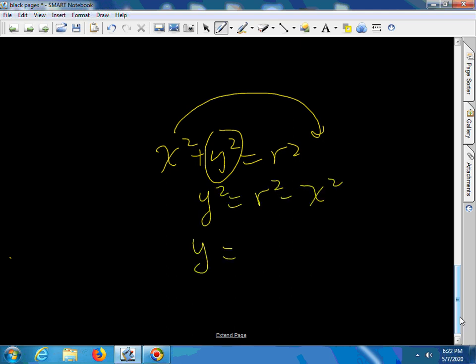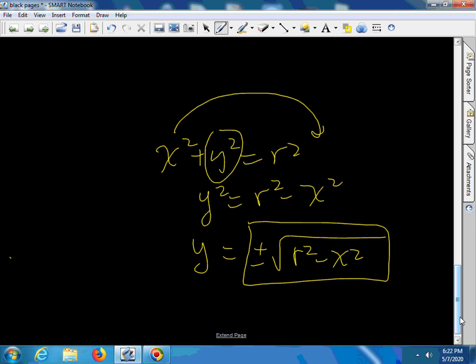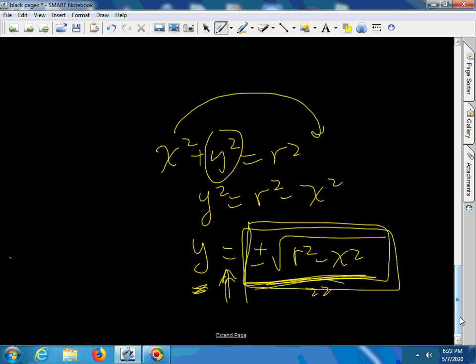So y must be plus or minus the square root of r squared minus x squared. Now remember, if what I just boxed is 9, then y equals 9. And if this is 22, then y equals 22. Y equals whatever this is.